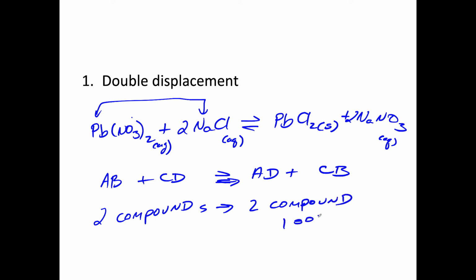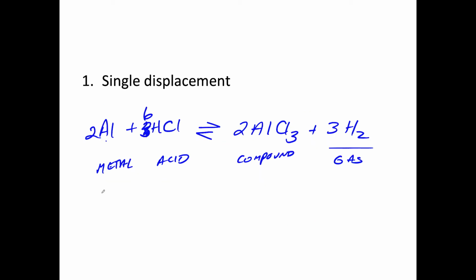One is a solid, and the other isn't. And all we're doing is just switching these 2 places. Whereas in a single displacement, we have a metal, a solid, and an acid. And this compound may or may not be a solid. It's probably in solution as well. And then we have this as a gas.